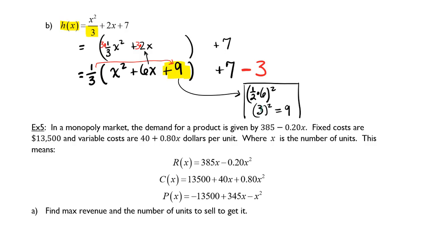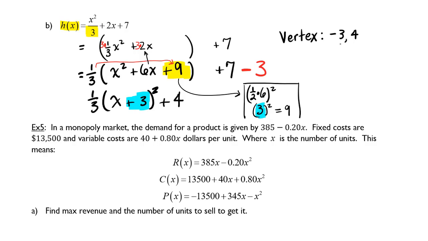I also know that when I rewrite my binomial squared, I will have 1/3 times the quantity x plus 3, where 3 is always the number inside the parentheses before I square it. And then 7 minus 3 is 4. So my vertex is at -3, 4.